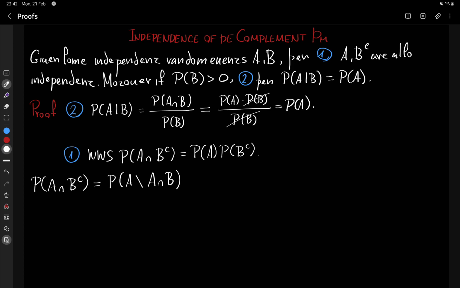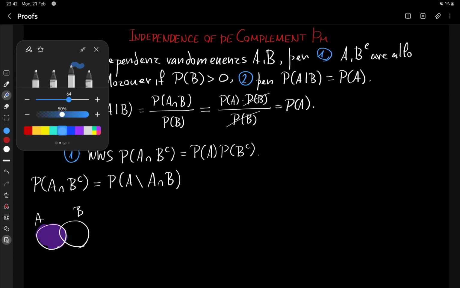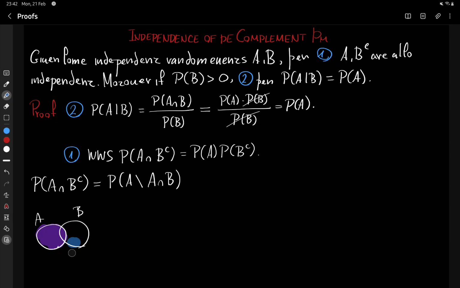The first one, the left-hand side: given some sets A and B, the intersection of A and the complement of B, we find that the intersection is precisely this.